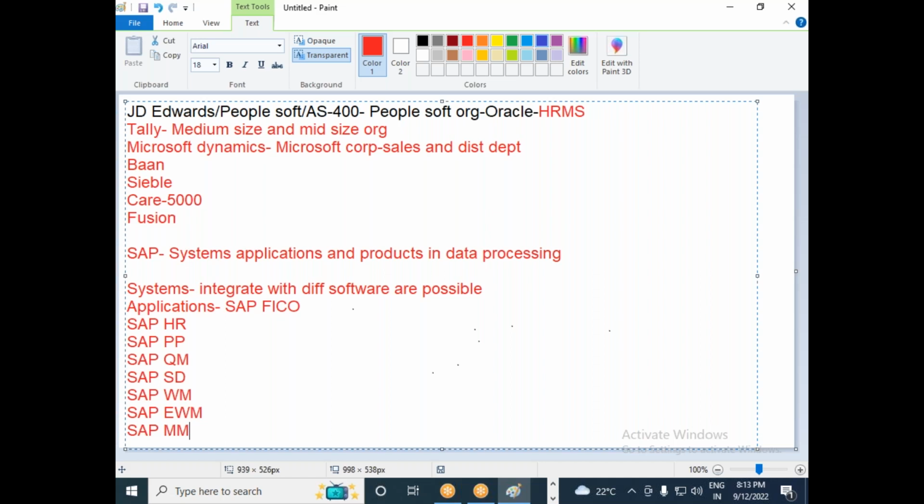So is there any change management? Change management means supply chain. Supply chain management is there, right? It is a mix of some modules that you call supply chain management, like SAP materials management, sales and distribution, production planning, quality management, warehouse management.